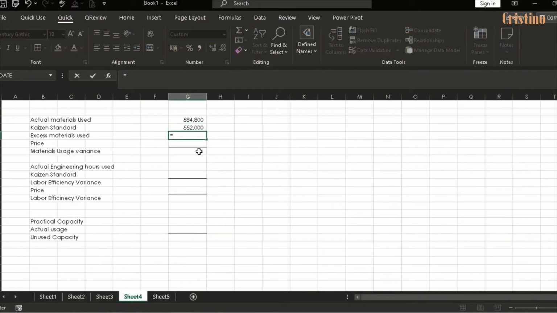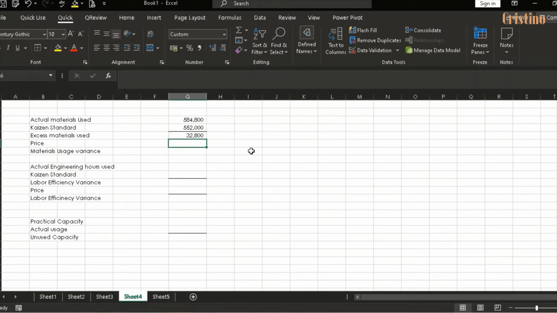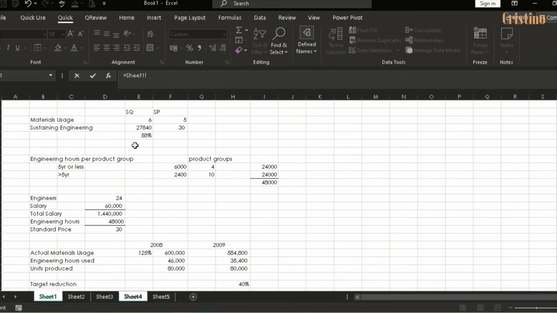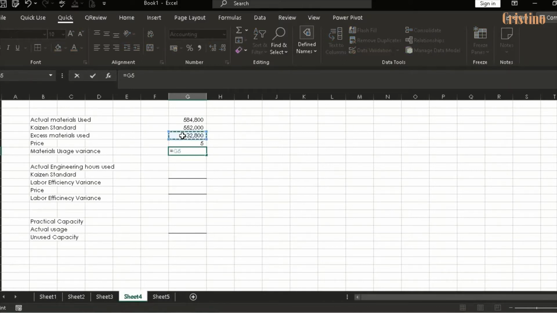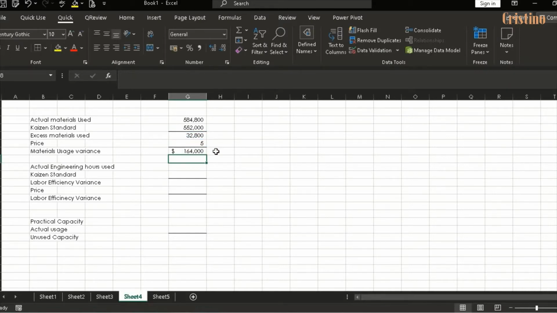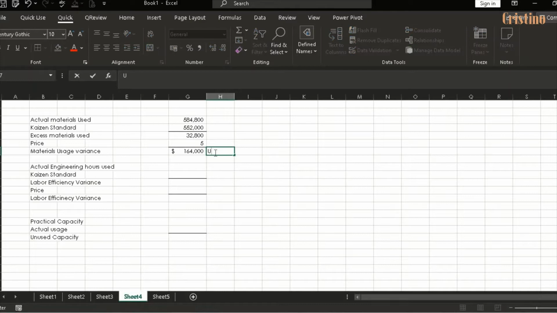By deducting the Kaizen standard from the actual materials used, we get the excess materials used of 32,800. By multiplying the excess materials used of 32,800 by the standard price of $5 per pound, we get a materials usage variance of $164,000. The materials usage variance is an unfavorable variance.